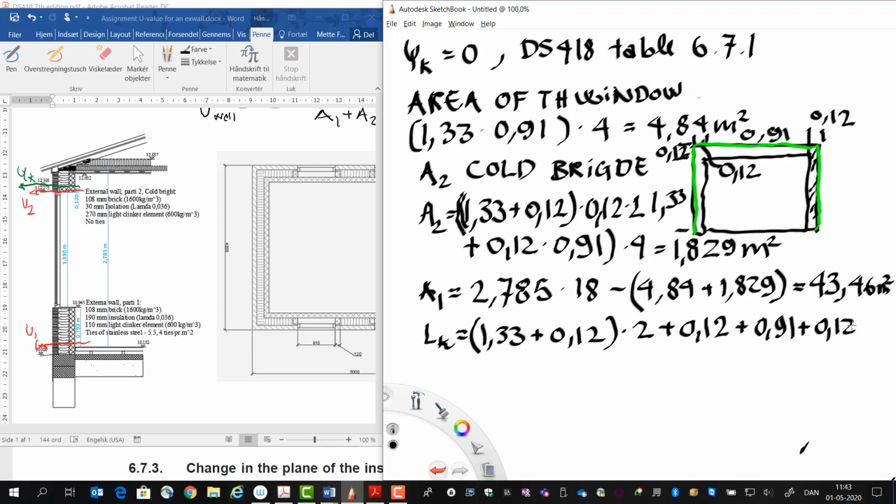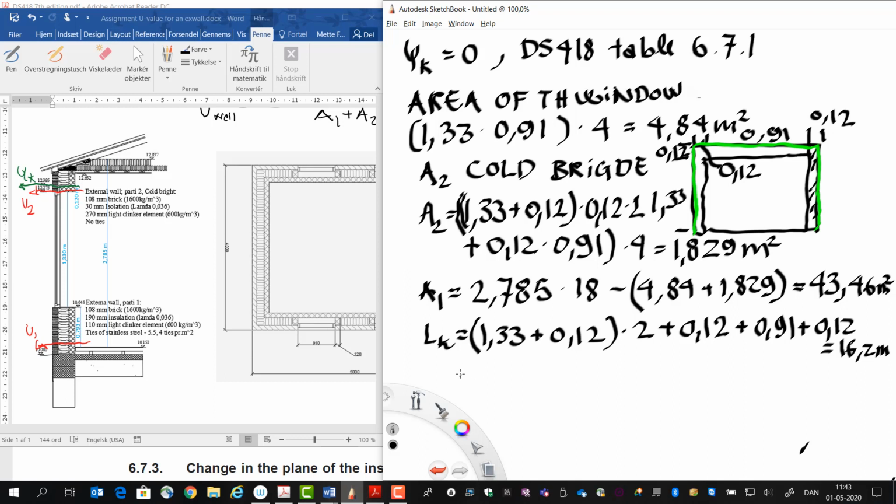So the length of the core bridge, that would be 16.2 meters.